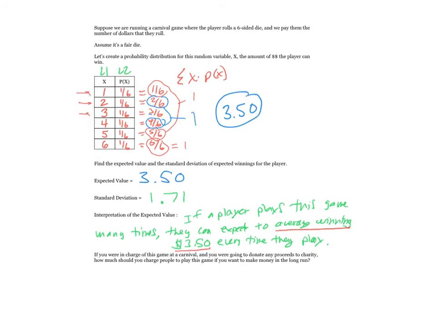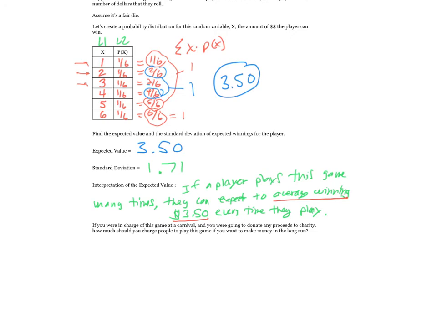Now the last question says, if you were in charge of this game at a carnival and you were going to donate any proceeds to charity, so you want to make some money, how much should you charge people to play this game if you want to make money in the long run? Well, $3.50 is the expected value. So if you want to make money, you would charge anything above $3.50.